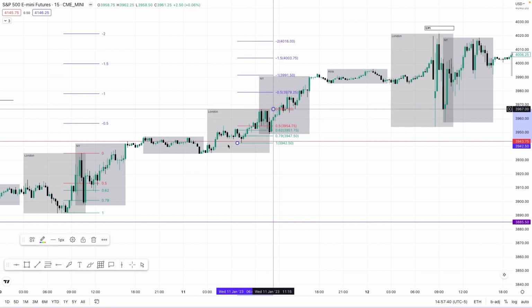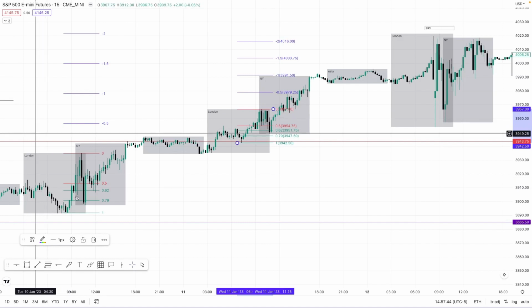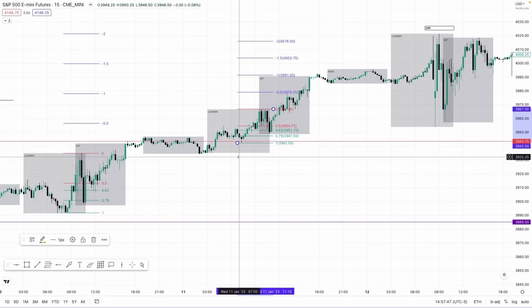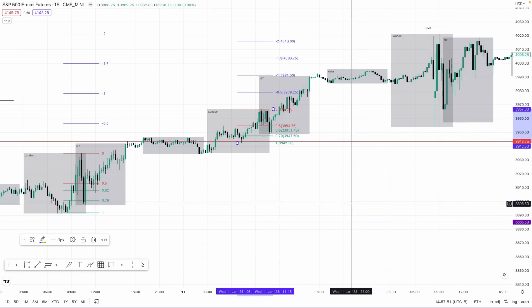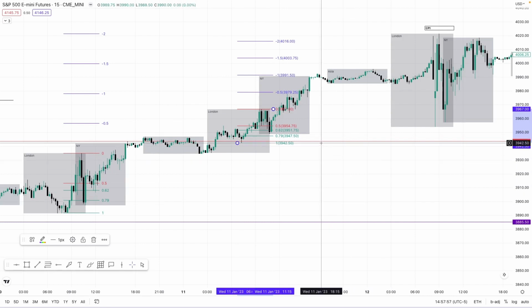And because we've been hanging out below equilibrium, we came above, we just went down below. Now we're looking for price to start making its move up into the premium part of this range. So our narrative is bullish. That's our bias based off of the price action so far that I gave you.